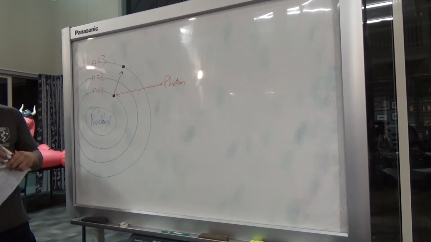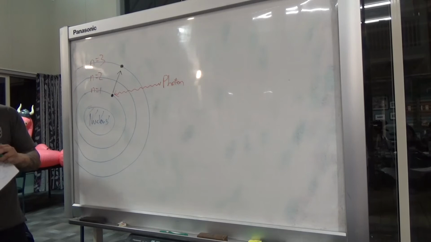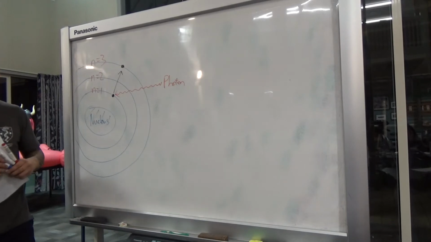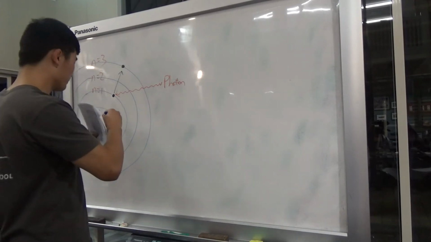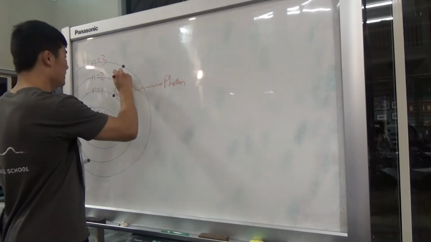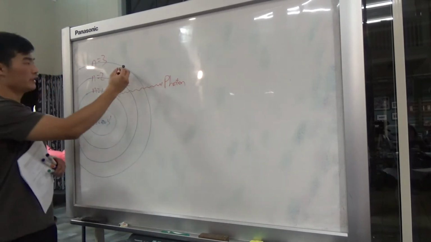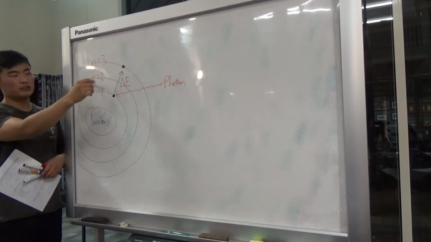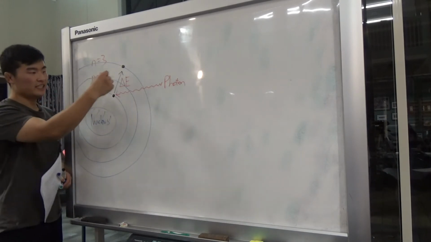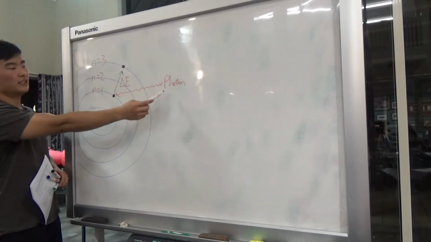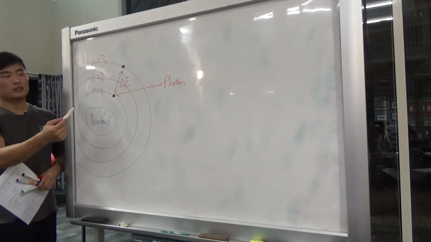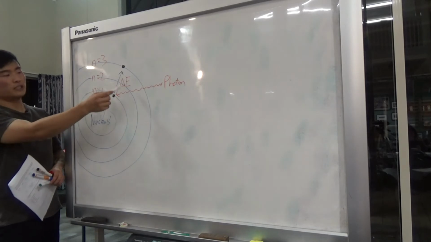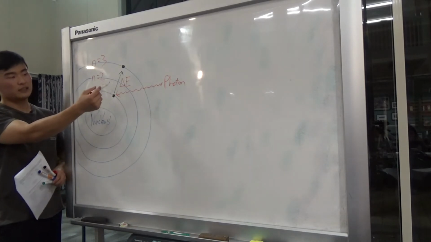So first we need to find out the energy of the photon. The change in orbital level is going to correspond to a change in energy, and that change in energy is going to be equal to the energy of the photon. So we need to find out what delta E is.